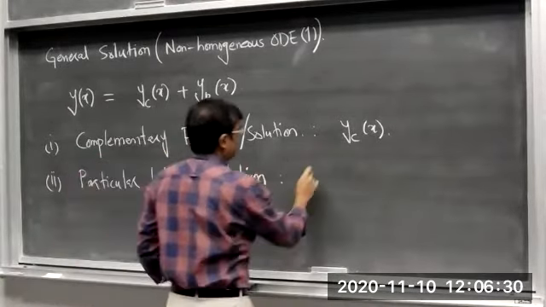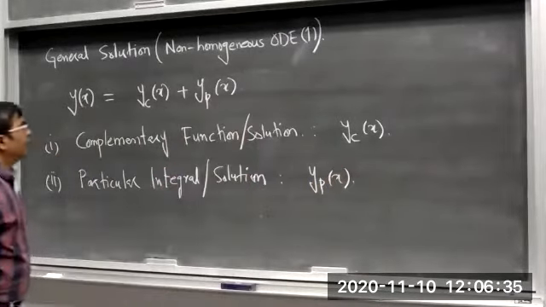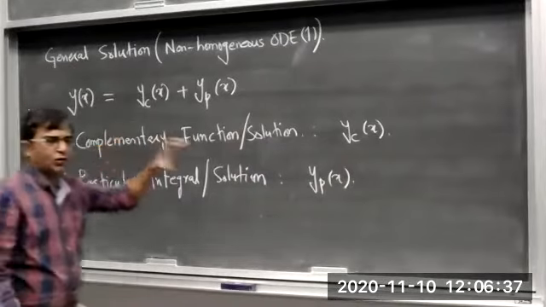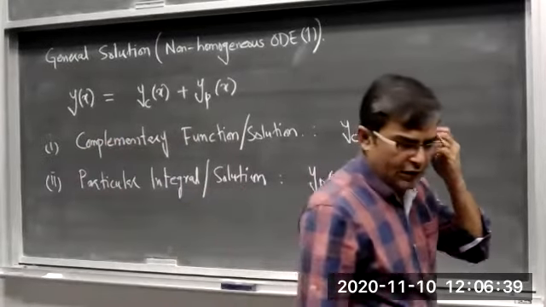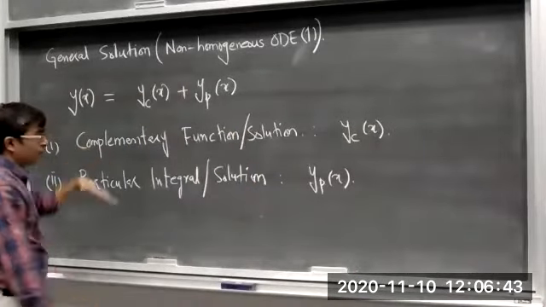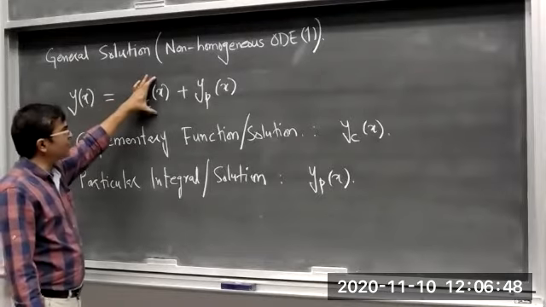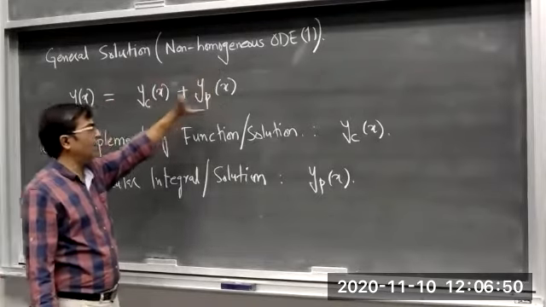So the general solution of the non-homogeneous ODE of nth order with constant coefficients is a sum of the complementary solution and the particular solution.